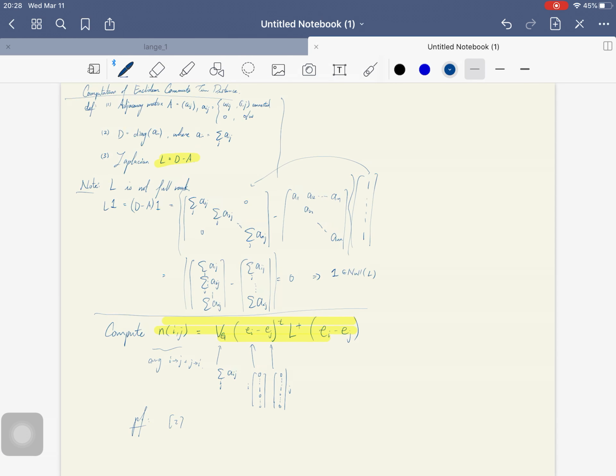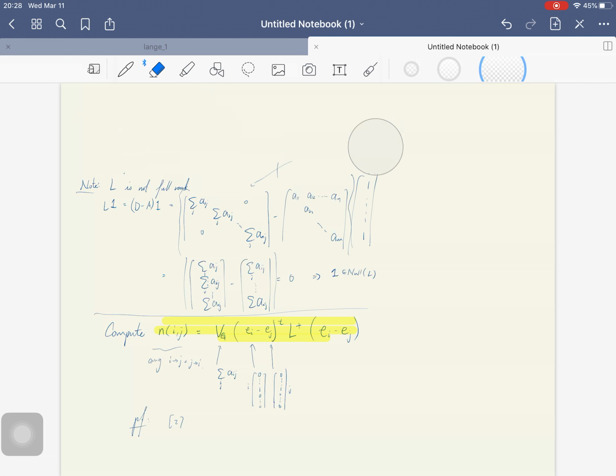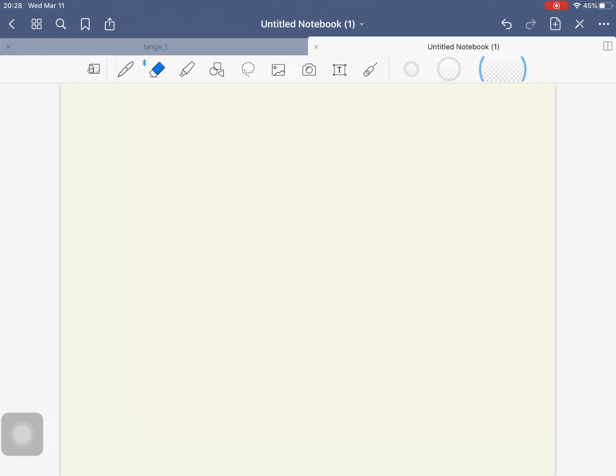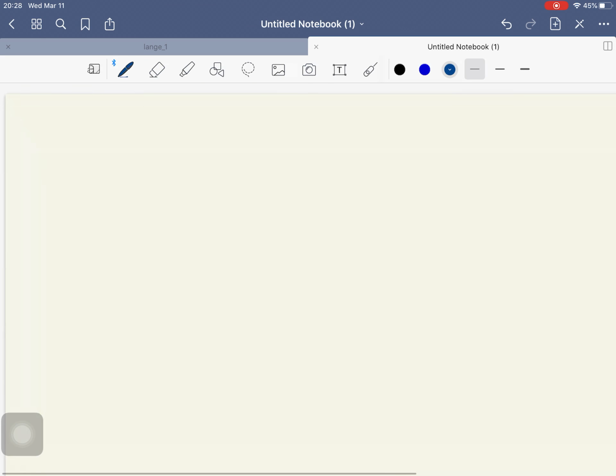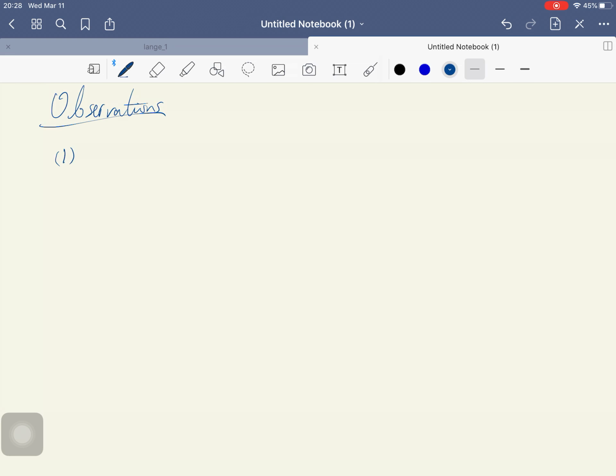Let me just erase everything. Okay, so first of all, observations. One, L plus is symmetric.